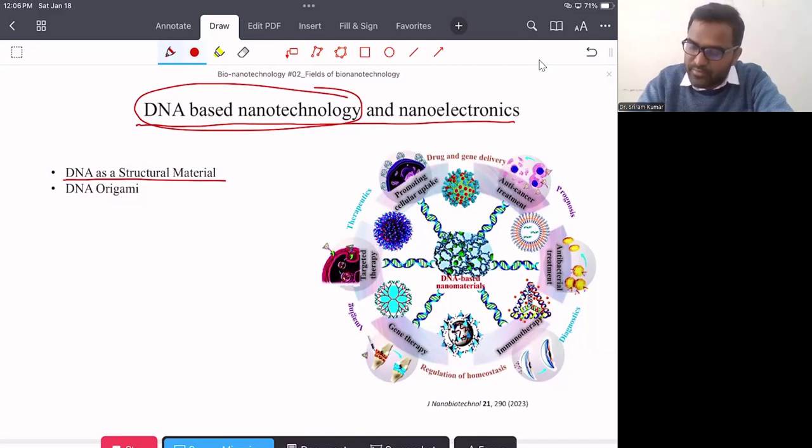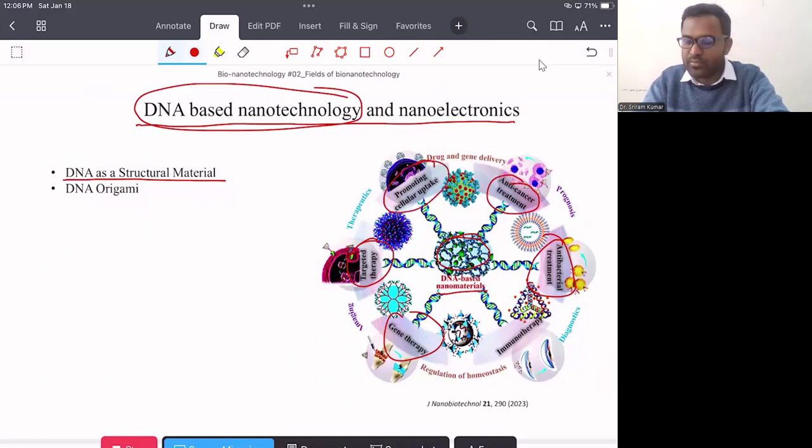For example, we can have this DNA here, and we can modify that material with nanomaterials for anti-cancer treatment. We can also modify that material for antibacterial treatment. We can use it for immunotherapy, gene therapy, and targeted therapy, and we will have the promotion of cellular uptake of this material.